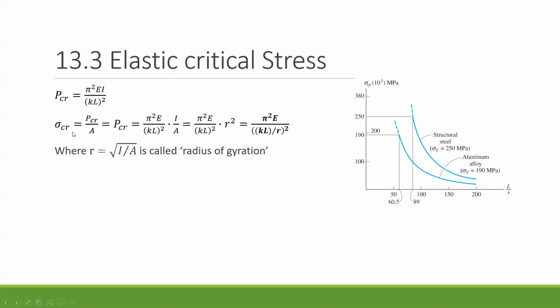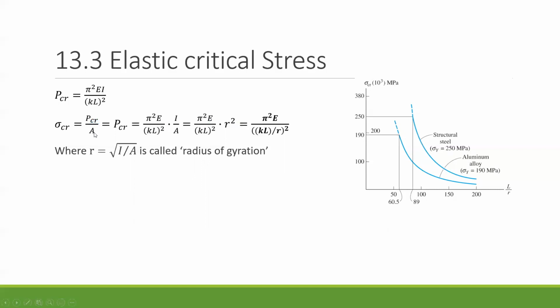Especially in design codes, for example allowable stress design, we always compute our relationships with respect to the stress. Therefore, we can convert the critical force to the critical stress.